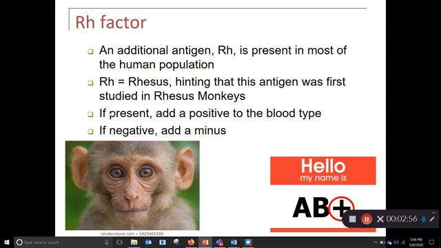Notice that I put a little circle around this plus. If the RH factor is present, you get a plus. If it is gone, you get a negative or minus added to the end of your B or A or O or AB.